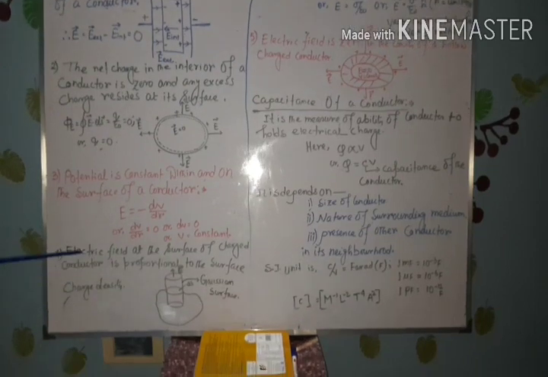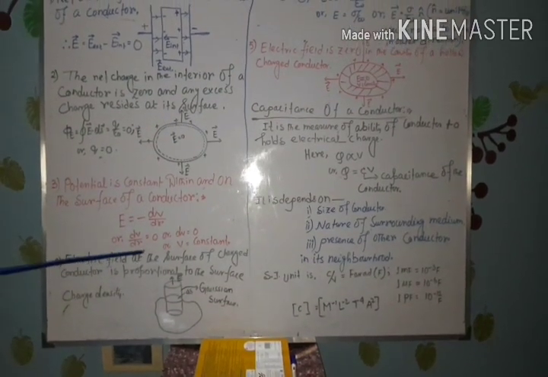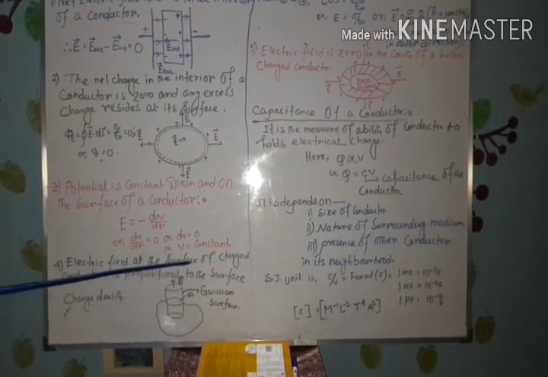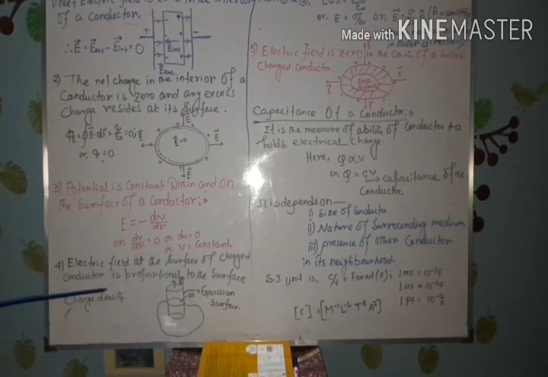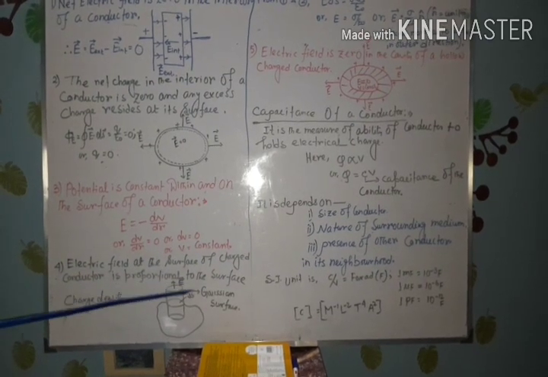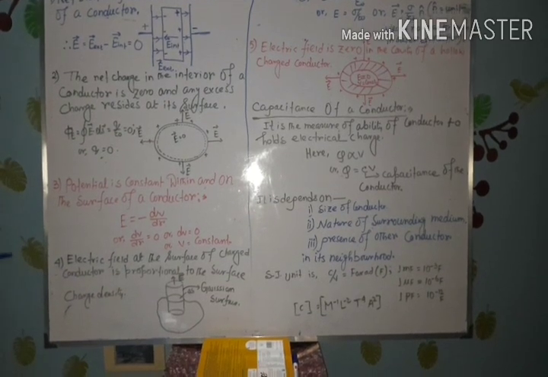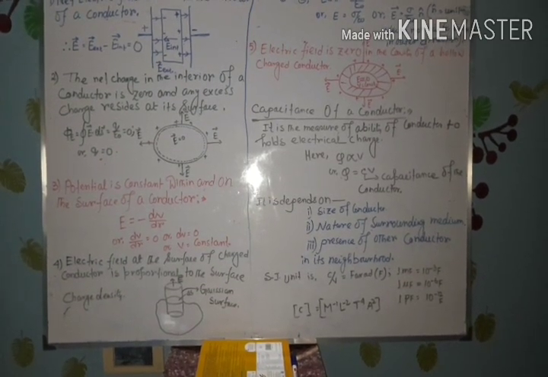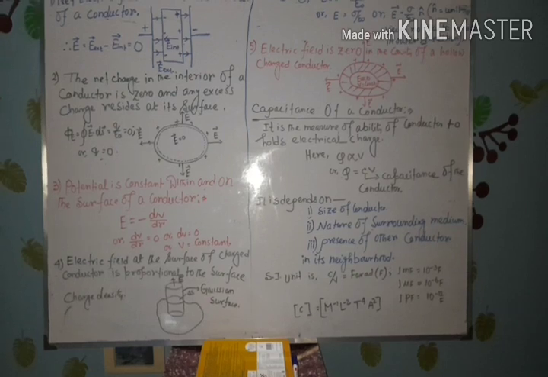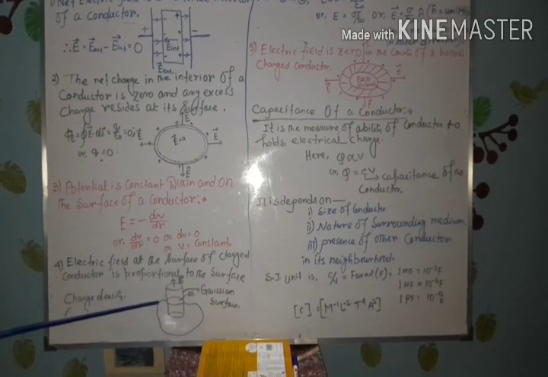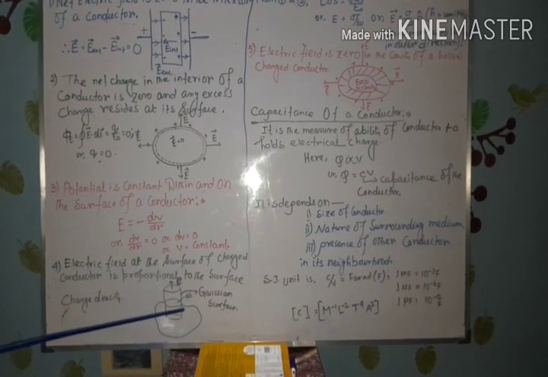Next, the electric field at any point on the surface of a charged conductor is proportional to the surface charge density. How can you prove this? We consider the outer surface of a conductor which is irregular in shape.